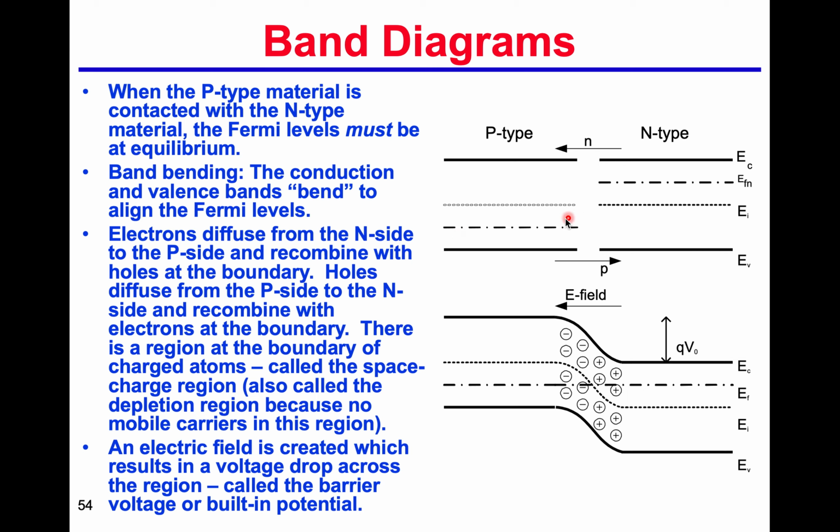So if you put two materials together, the water level should be the same. That results in the bending. So the band will bend like that, and here's the electric field from the right side to the left side. We call this region the depletion region, because there's no free charge in this region.